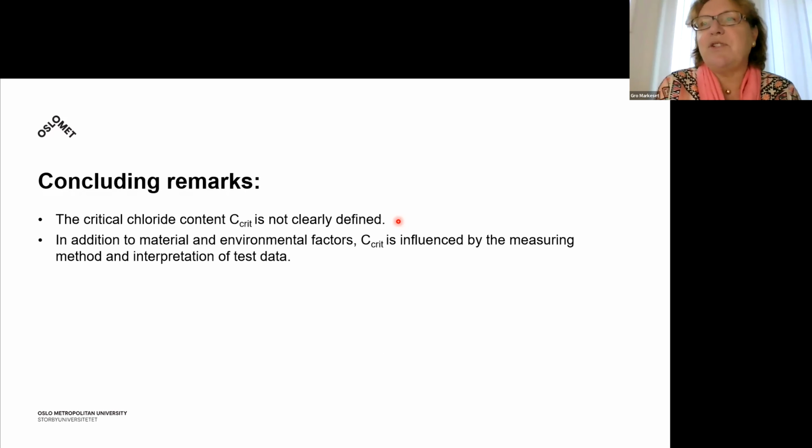And of course, in addition to material and environmental factors, if you are testing structures in the real field or in the lab, the results will be different, but also which measuring method is used, or how you interpret the test data. It's important. So you can have different results depending on how you interpret them. And as the calculation showed, this parameter Ccrit is a very sensitive parameter for the service life calculation. It's very important.